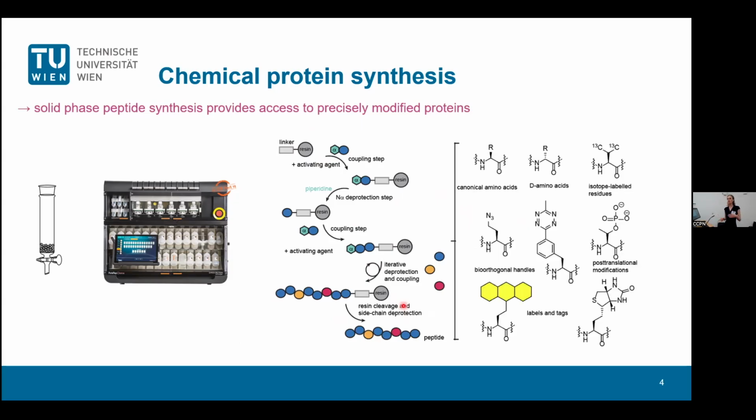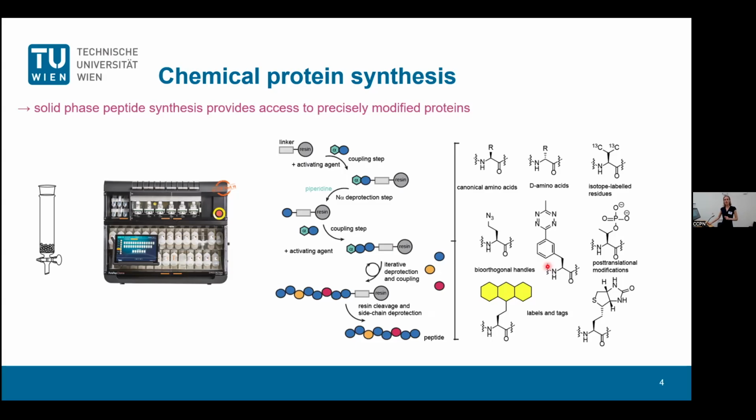So this could be an unnatural amino acid, a D-amino acid, or an isotope labeled amino acid, very site-specifically, atom-specific labeling, or other handles for other reactions, azides and tetrazines, fluorescent tags, biotin, basically anything that the organic chemists can make. So this is a very powerful tool for making site-specifically modified peptides and proteins.